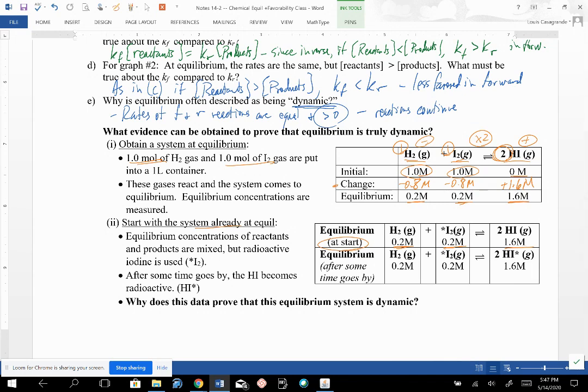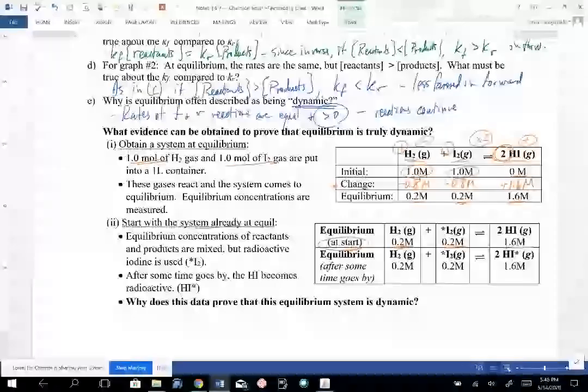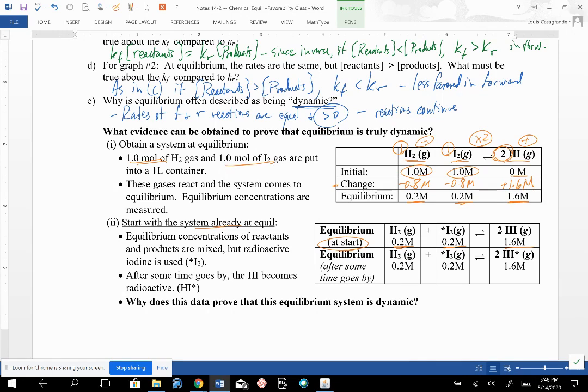But instead of regular plain old iodine, we're going to put some radioactive iodine in. That's what the little asterisk here is, that's a tag. That means that this is radioactive. Now, if nothing was happening, the I2 would stay radioactive and nothing else would happen.